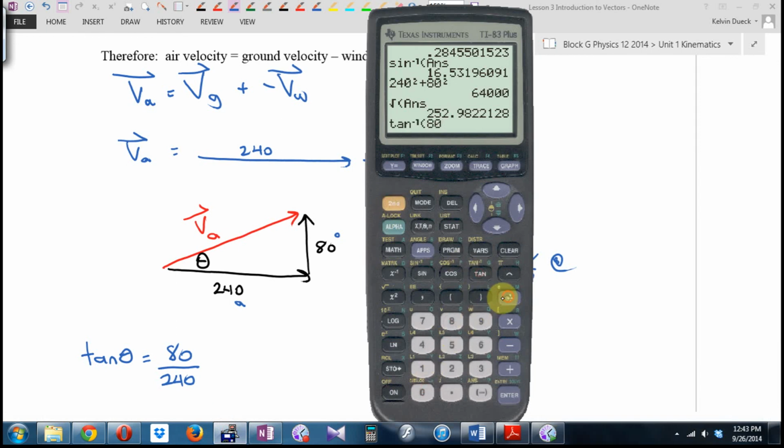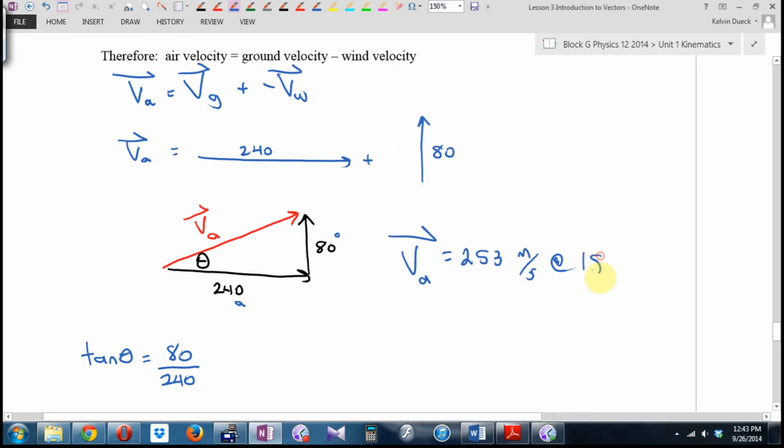You get 18.4 degrees. What of what? South of north, east of west? What of what? North of east.